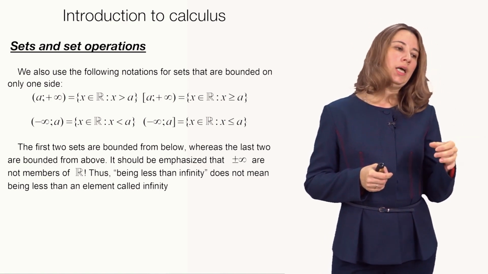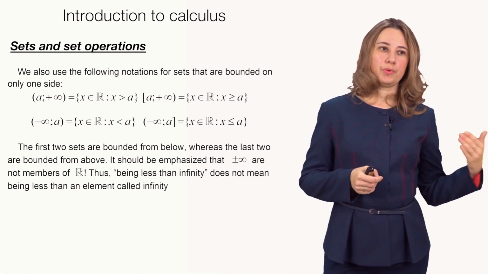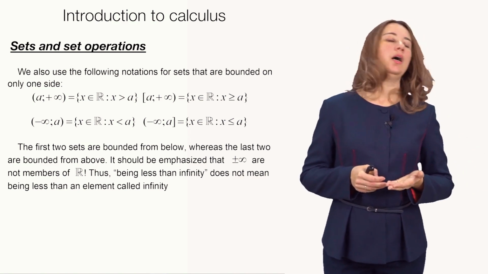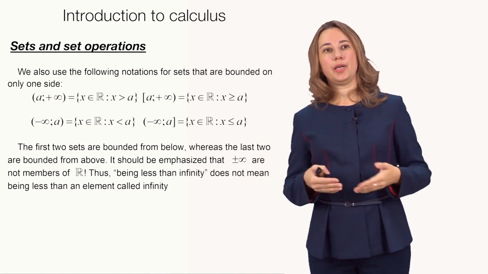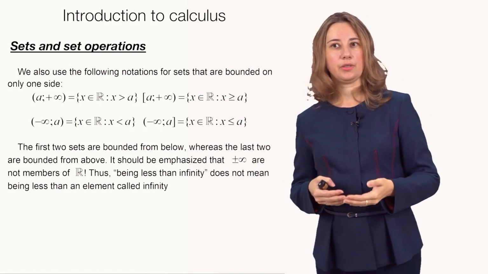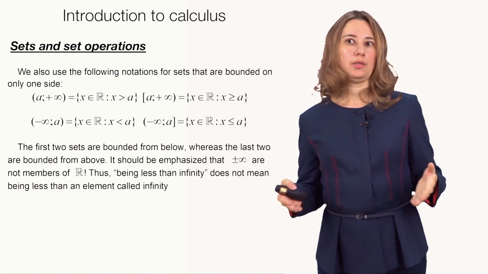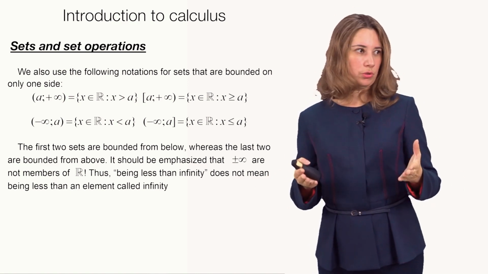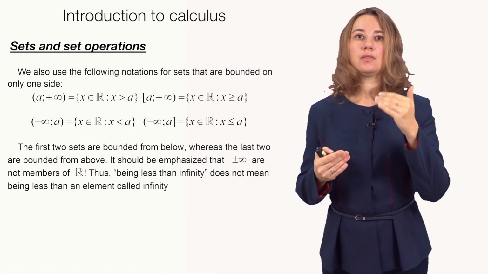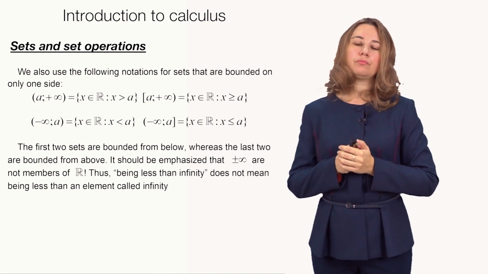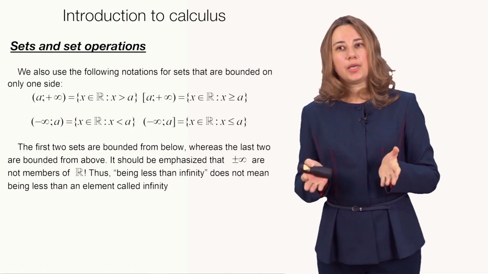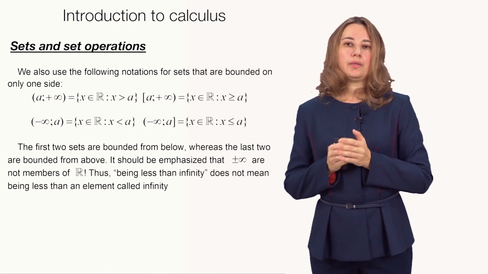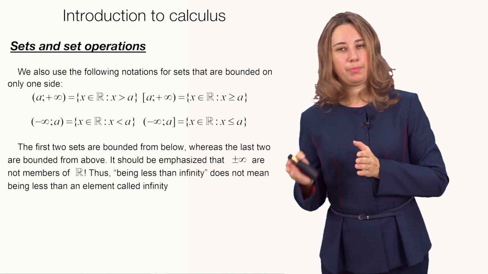For example, the open interval from a to positive infinity, so this set contains all x such that x is greater than a, and here we see that we use the second way of specification. Our rule looks like x is greater than a. The first 2 sets are bounded from below, while the last 2 are bounded from above.